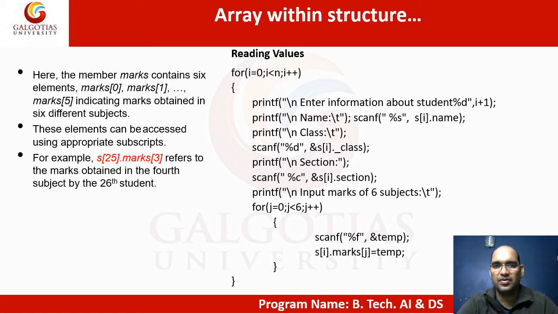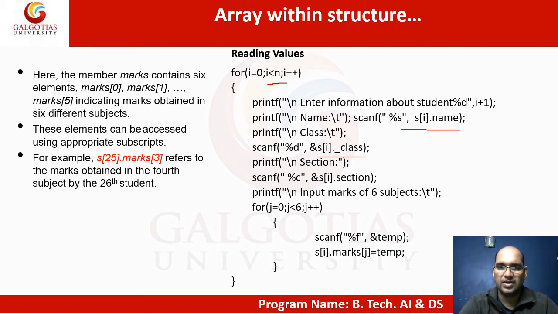So simply, we are just reading the values. For i = 0, i < n, i++. We are indicating here that there are a total of n elements, and we know the value of n. So enter the information about the student number i+1, that is 0 plus 1, the student 1. Then the name will be stored in s[0].name, then class, that will again be s[0].class, then section, and so on.